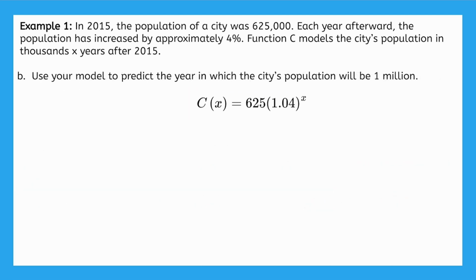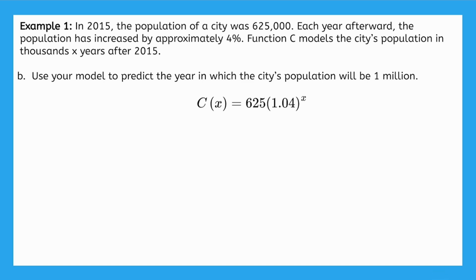Let's look at part B about this same situation. Use your model to predict the year in which the city's population will be 1 million. Pause the video and try to figure out the solution yourself. We can solve this problem using our equation.